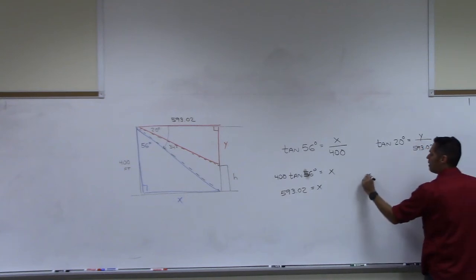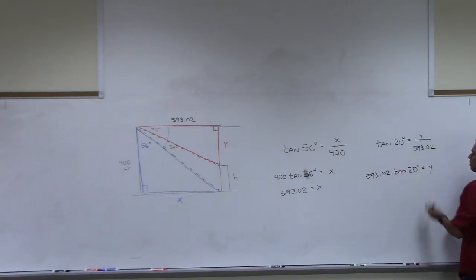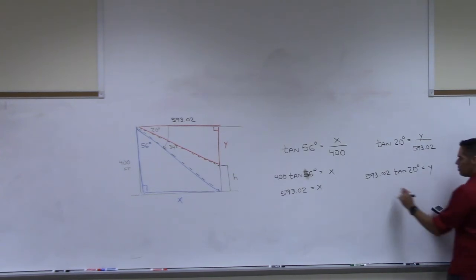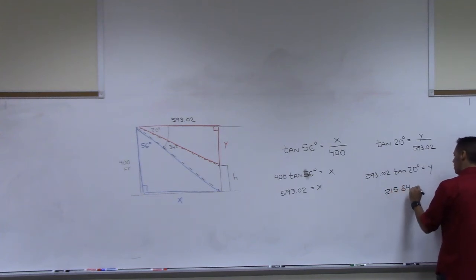Multiply both sides by 593.02. Tangent 20. Make sure I'm in degrees, which I already know I am. So that times tangent of 20, I get 215.84 approximately is y.